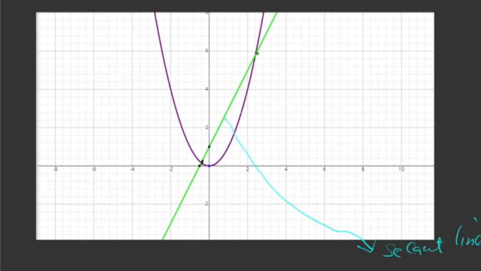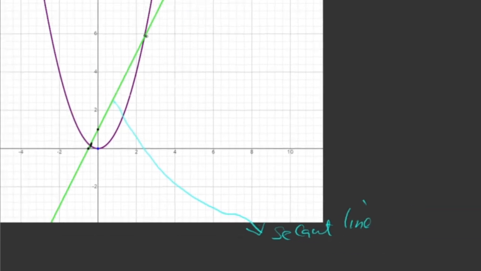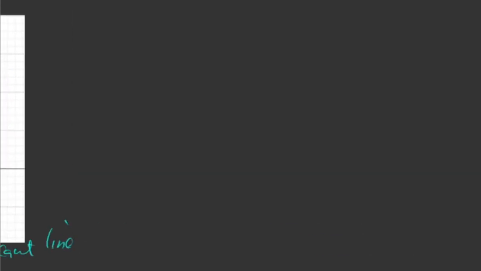And an example of a tangent line can be something of this form.